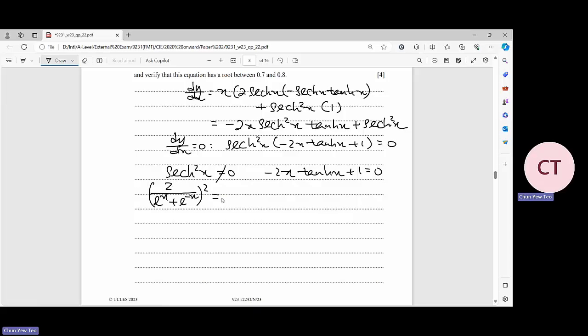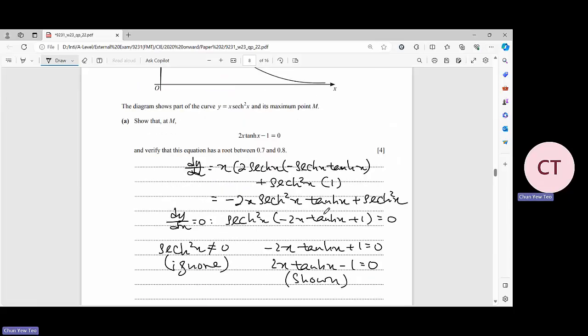So this one cannot be 0, because if it's 0, that means your e power x need to go to infinity. This is not what we want. So we just say that it cannot be 0, so we ignore it, which means that 2x tan x minus 1 must equal to 0, shown.